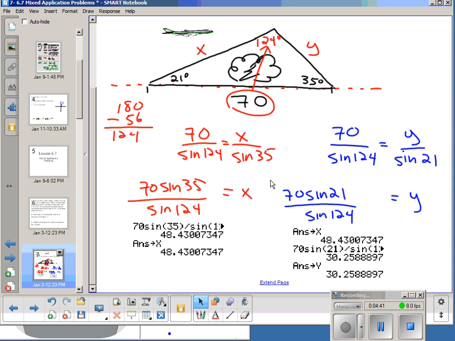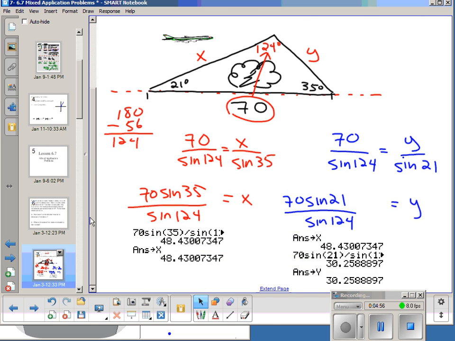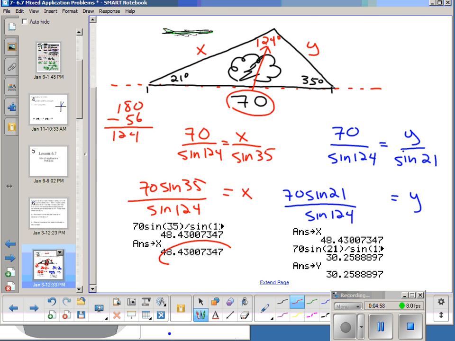Okay, so now I have my two sides, but I have to go back and ask, have I answered the question? The question is, how much further did she have to go? The question did not want to know the length of the sides. I just needed those sides to figure out how much farther she went. What I need is the sum of these two numbers. Here's where my storing is really handy.